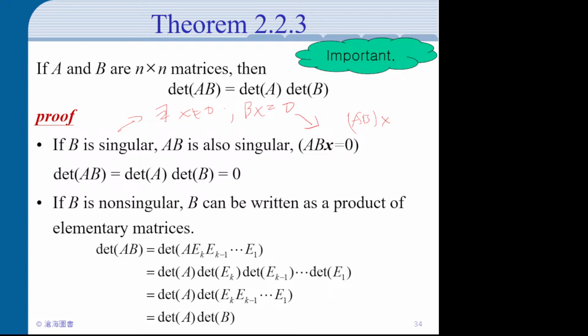Then you see AB times this non-zero x equal to 0. And so you know that AB is also singular. Okay. And yeah, so B is singular, AB is also singular. So that's like something I should do in a homework exercise. Anyway.